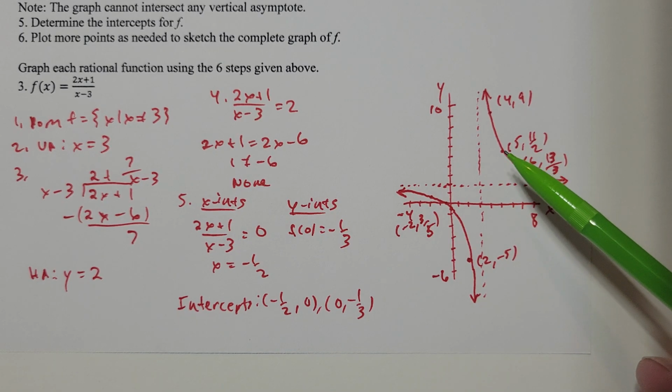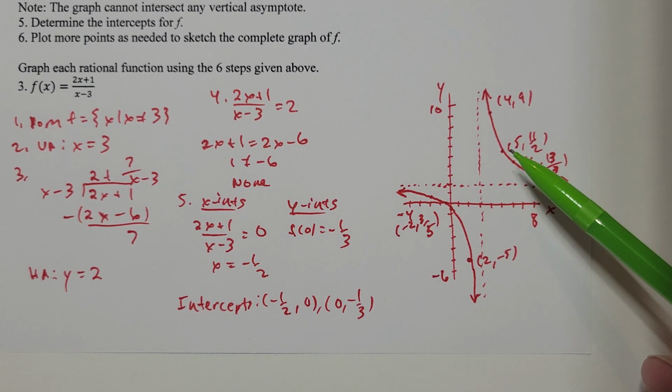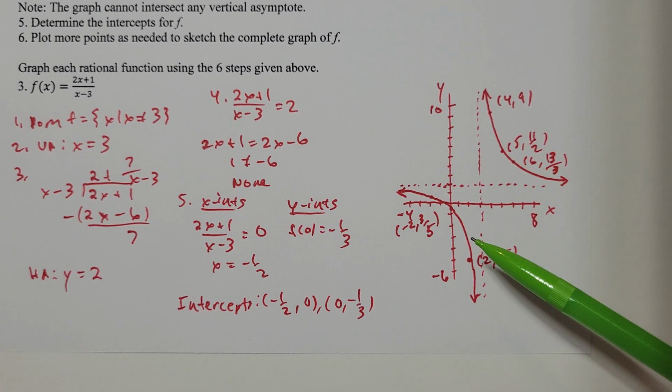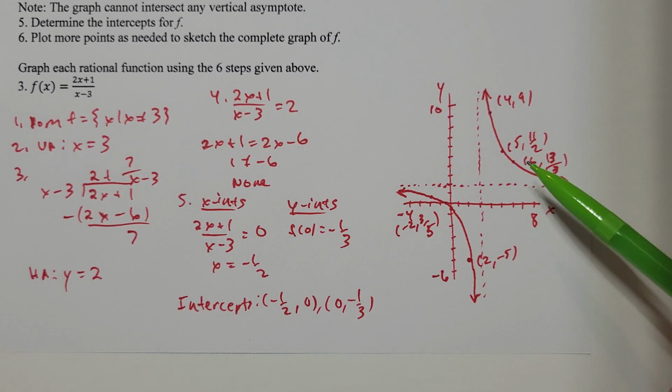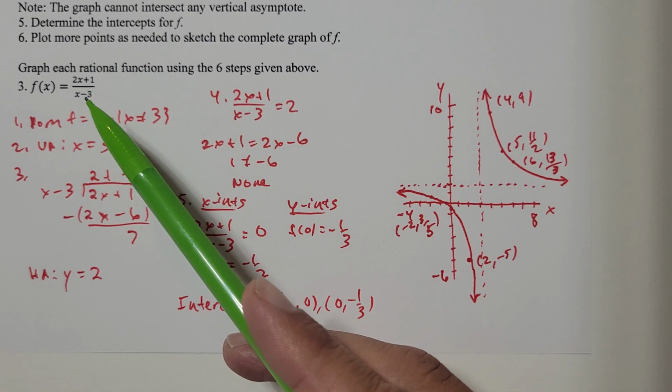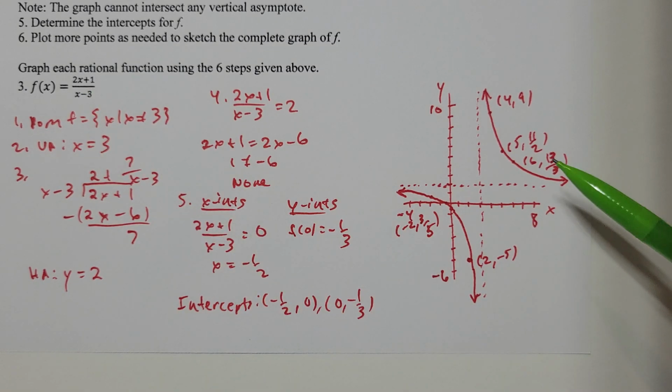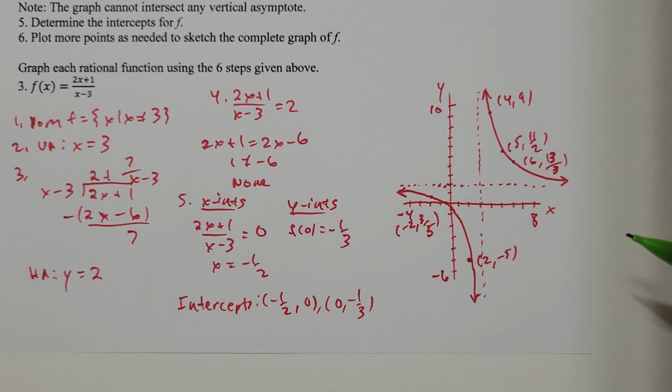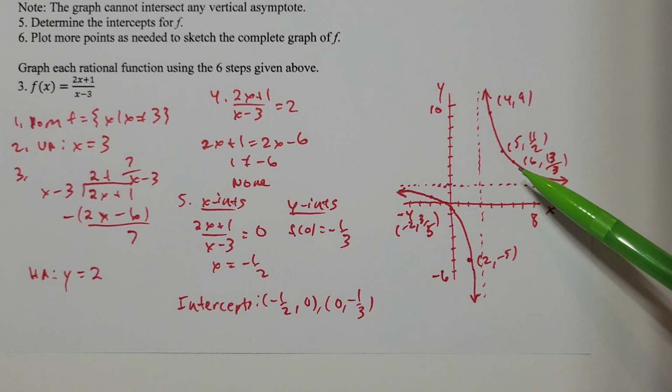So that'd be the point 5, 5 1/2. And I'll take one more value. If x is 6, 2 times 6 is 12, plus 1 is 13, divided by 3 is 13 thirds, which is the same thing as 4 1/3. So I have the point 6, 4 1/3.